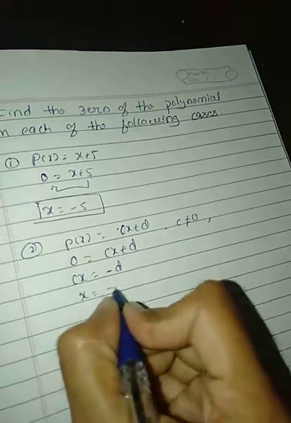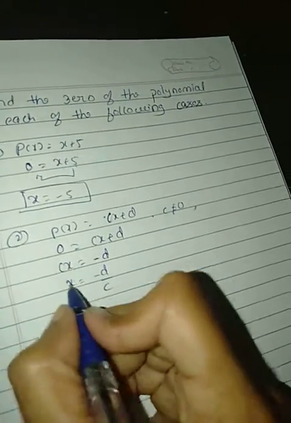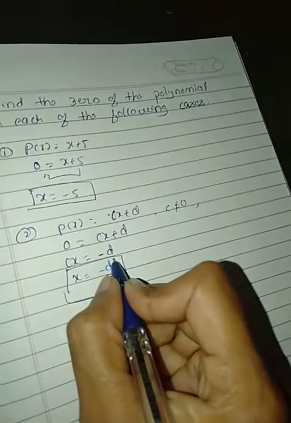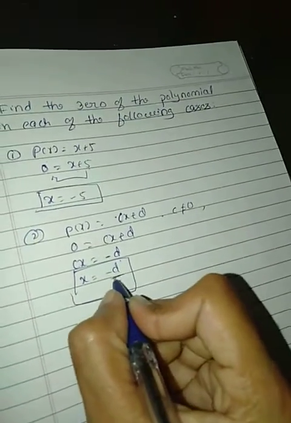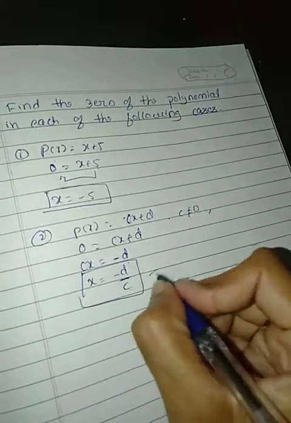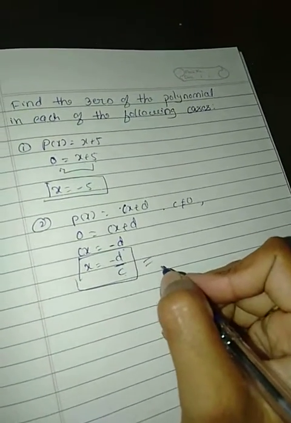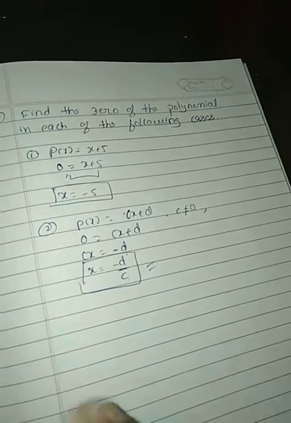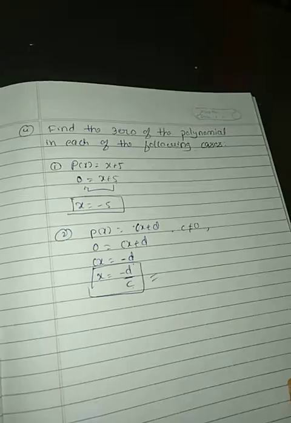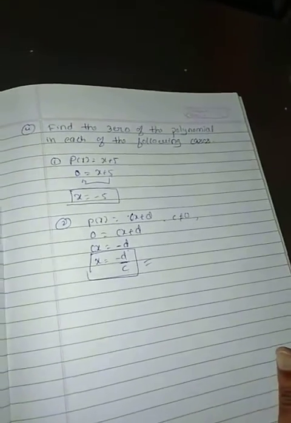Now x equal to minus d by c. So this was in multiplication; when you shift it towards this side, it will be in division. So x is equal to minus d by c is the zero of the given polynomial. So like that you should solve all the remaining problems in the textbook. Okay. Thank you.